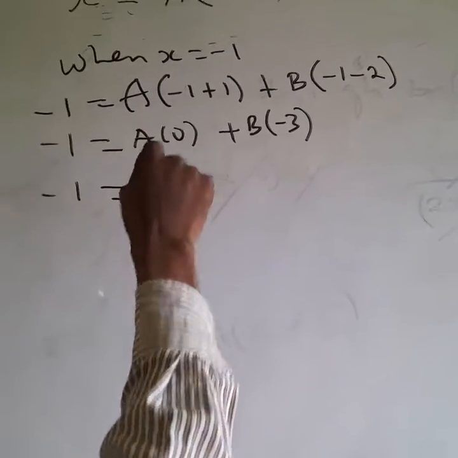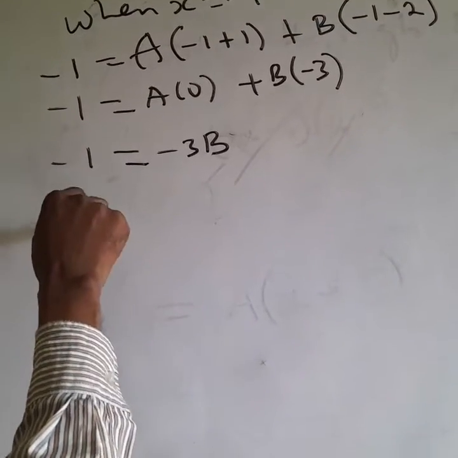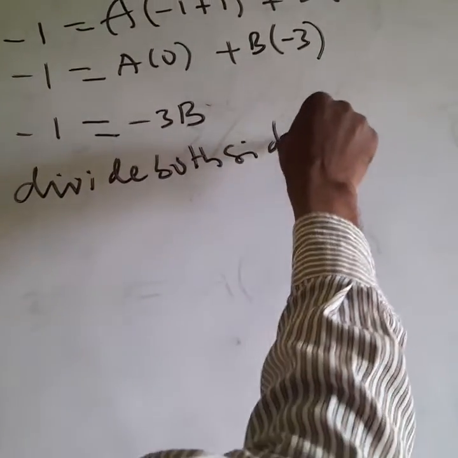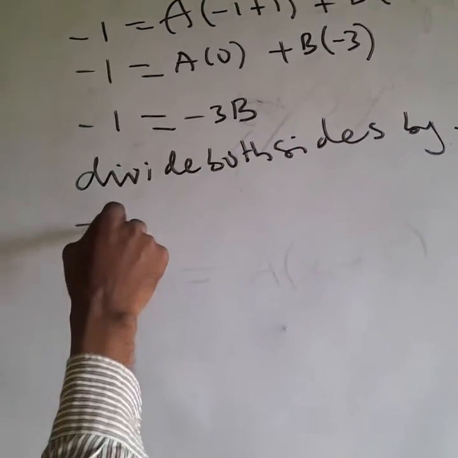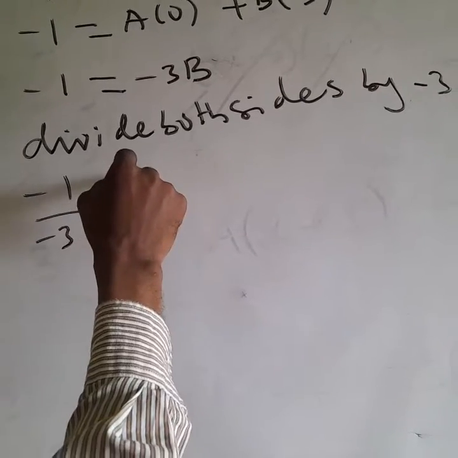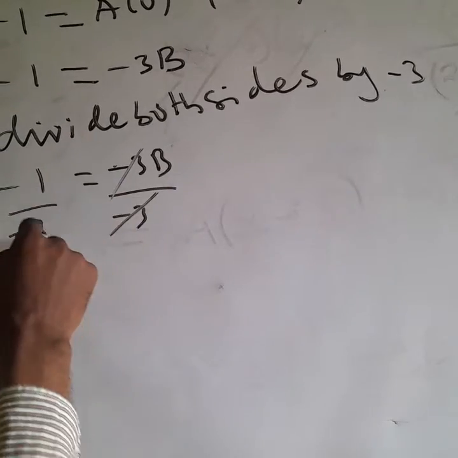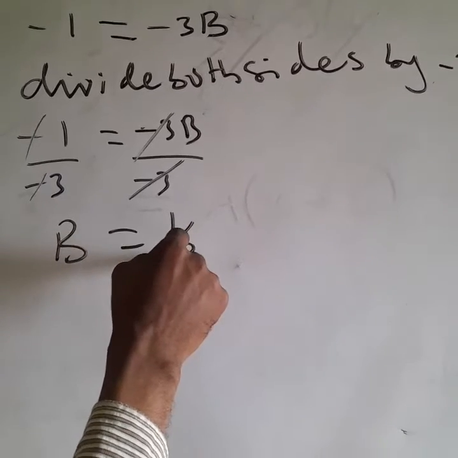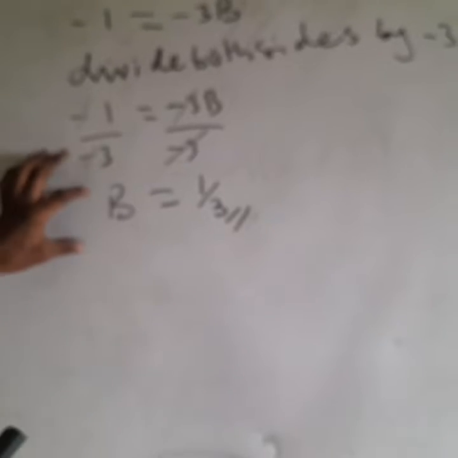We are looking for b, so we divide both sides by the coefficient of b, which is minus 3. So we have minus 1 equal to minus 3b divided by minus 3. Minus will cancel minus. We have b equal to 1 over 3. Now we have found the value of b.